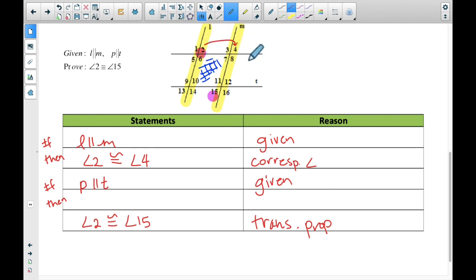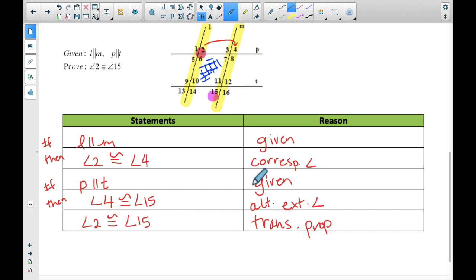Now I want to jump from there all the way over to 15. Those are related. Do you know what angle 4 and angle 15 are called? Those are called alternate exterior angles. So alternate exterior angles are congruent, so that gives me that statement there.